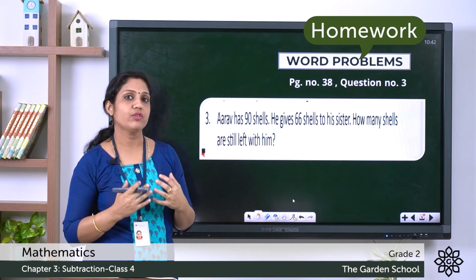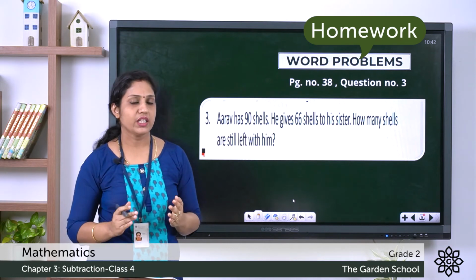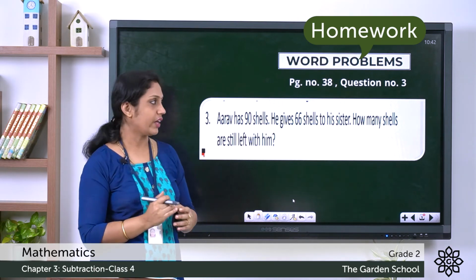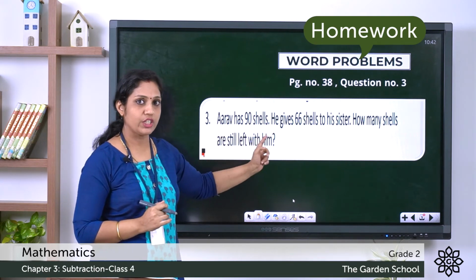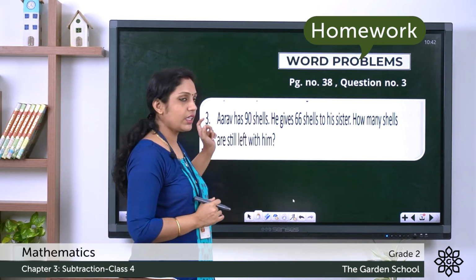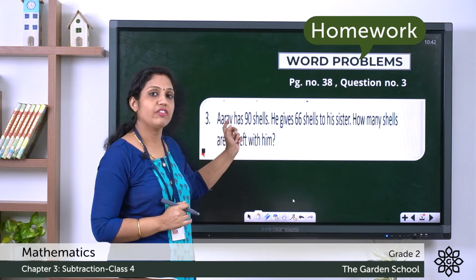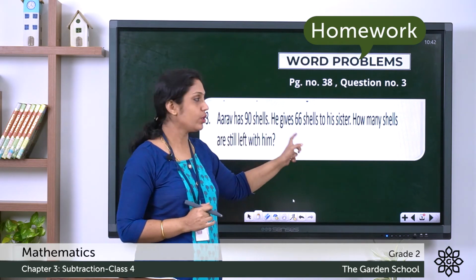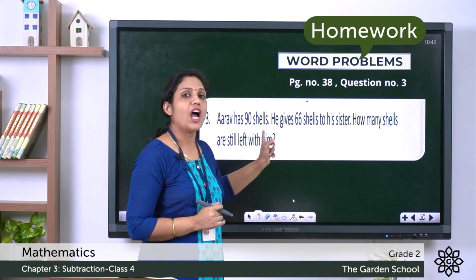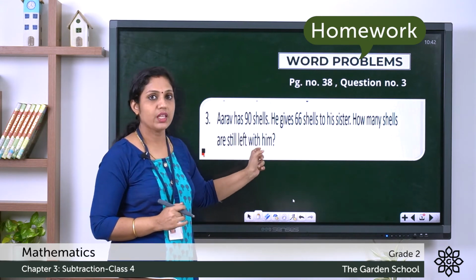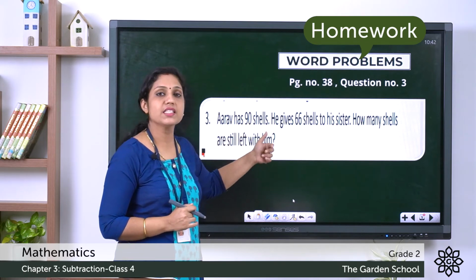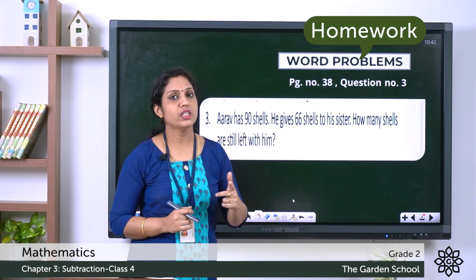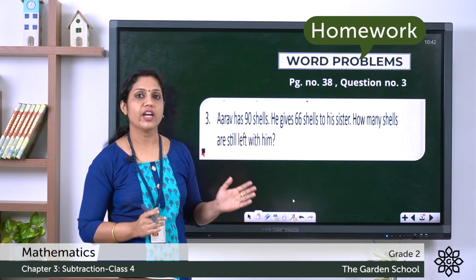How much is left with Arnav? For doing this, how can you write the step? We can write number of shells Arnav has is equal to 90. Number of shells Arnav gave to his sister is equal to 66. How many shells are left with Arnav? It is 90 minus 66. So do this as your homework and find out the answer.